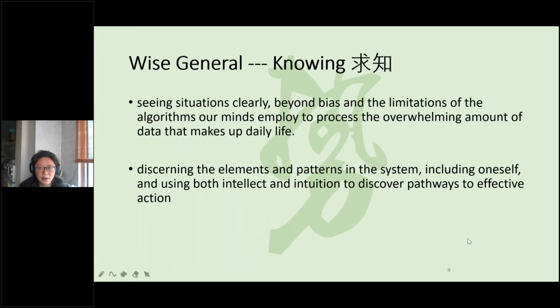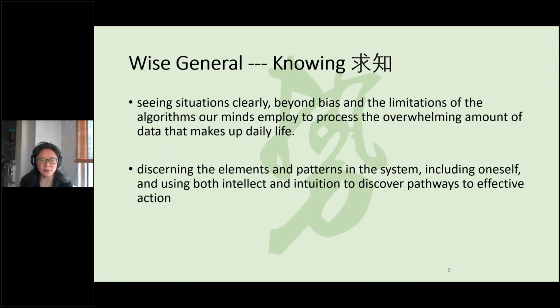Knowing may sound very familiar to us because we all know what knowing is about, and further than that, we as leaders have all accumulated a lot of knowledge. However, in Sun Tzu's context, when he said the wise general seeks effective action through knowing, he actually means something slightly different.